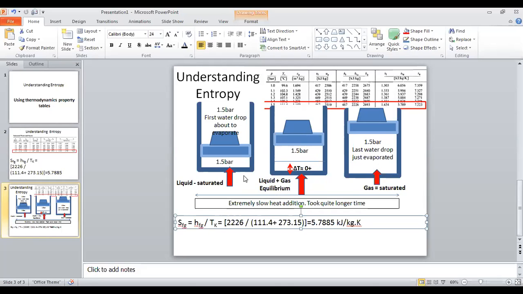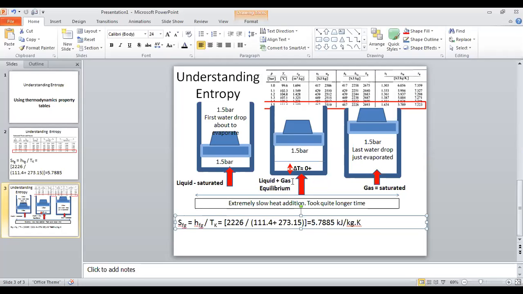So the change starts from saturated liquid and goes to saturated gas. A bigger volume is there now. Finally, it is fully gas; initially, it is fully liquid. In between, liquid plus gas in equilibrium.